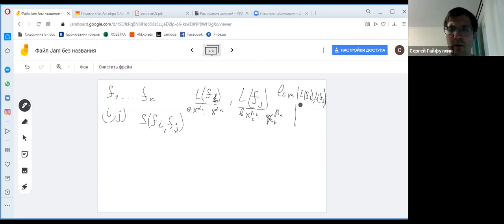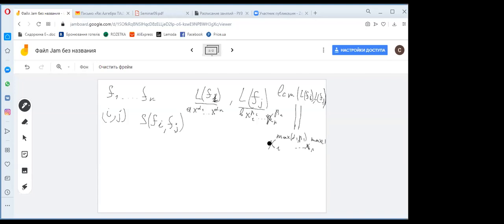But the lowest common multiple has no coefficient. It is just x1 in power maximal of alpha 1 and beta 1, and so on, xn in power maximal of alpha n and beta n.